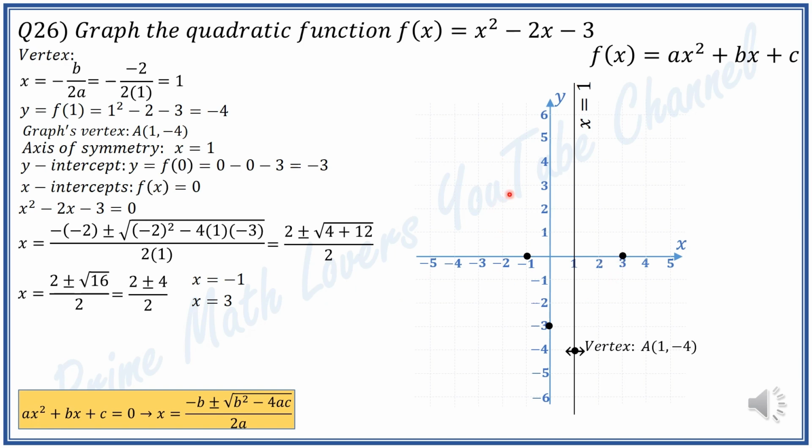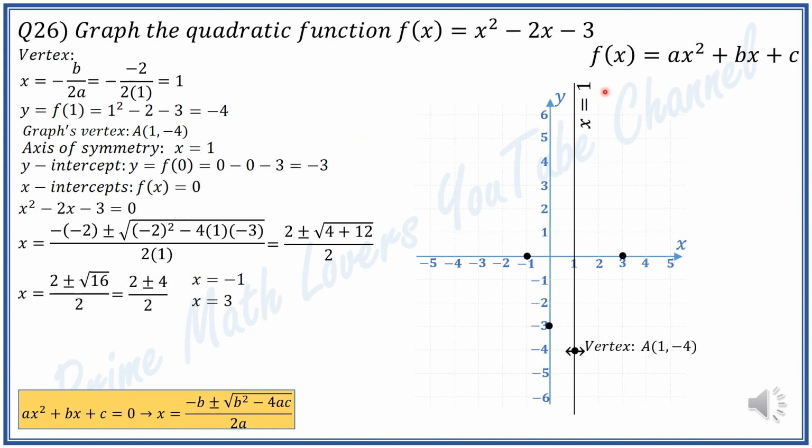Our graph passes through all these 4 points, and the other key feature is the direction of opening. A quadratic function can open upwards or downwards. If the coefficient of x squared is positive, the graph opens upwards. And if the coefficient of x squared is negative, then the graph opens downward.